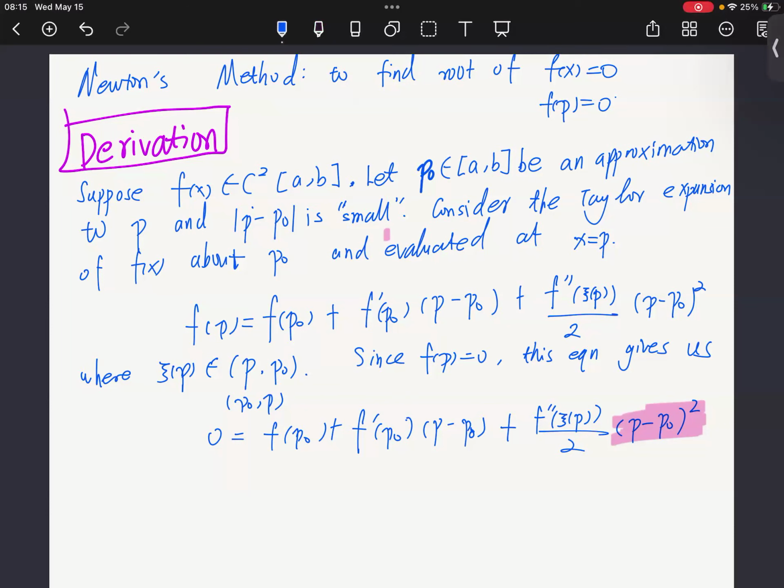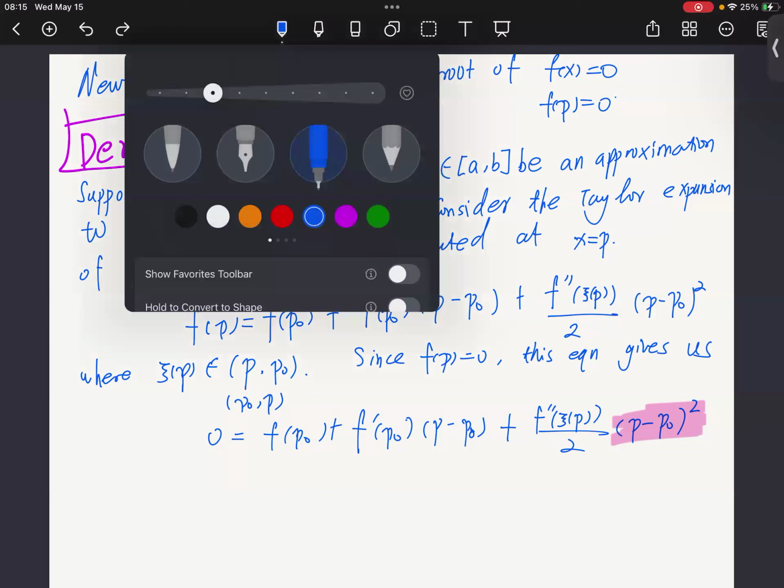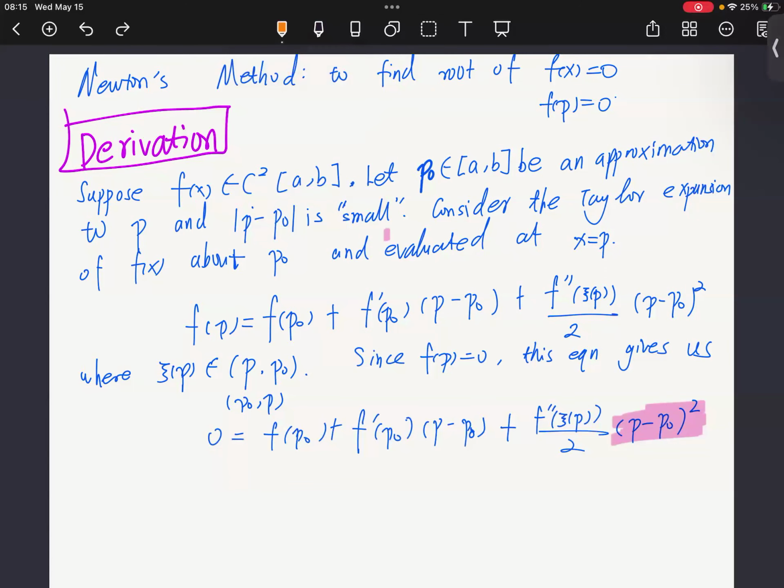I'm going to use another color to write down the remark here: because p minus p0 is small, this term is much smaller than the other two terms. It's not just smaller, it's much smaller, because it can be another magnitude.